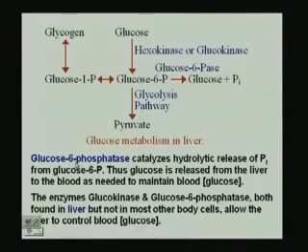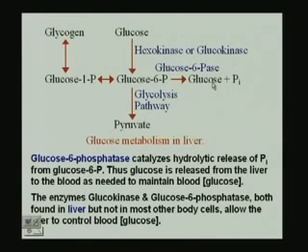So, we have a regulatory mechanism that actually works here. Then glucose 6-phosphatase catalyzes the hydrolytic release of Pi from glucose 6-phosphate. This protein can release the phosphate, but this happens only in the liver, where the glucose can be stored.